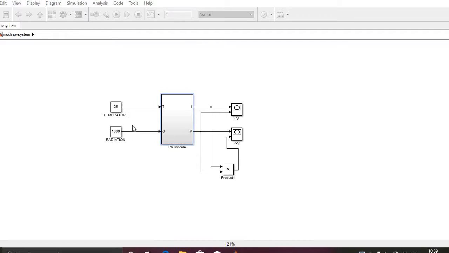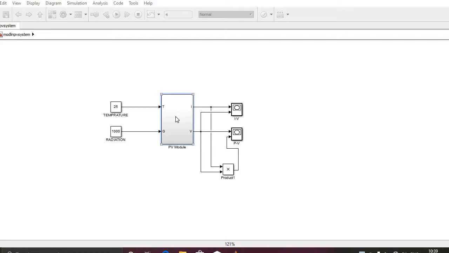As inputs for this PV module, we require temperature and irradiation from the sun, and from this PV module we will get the output in the form of current and voltage. So we have to model this PV module.